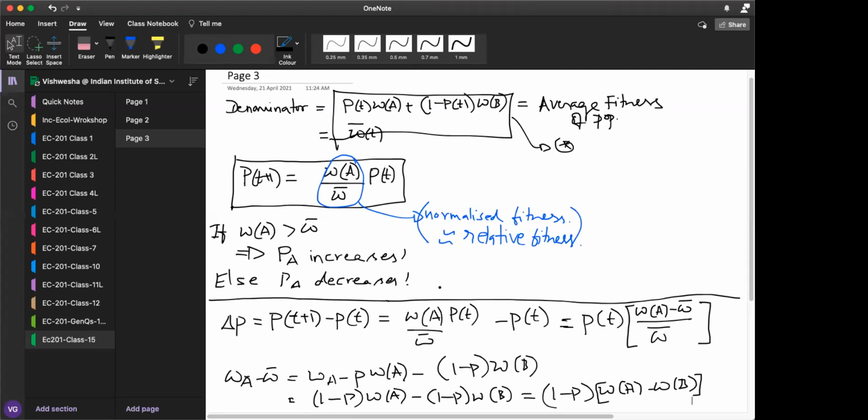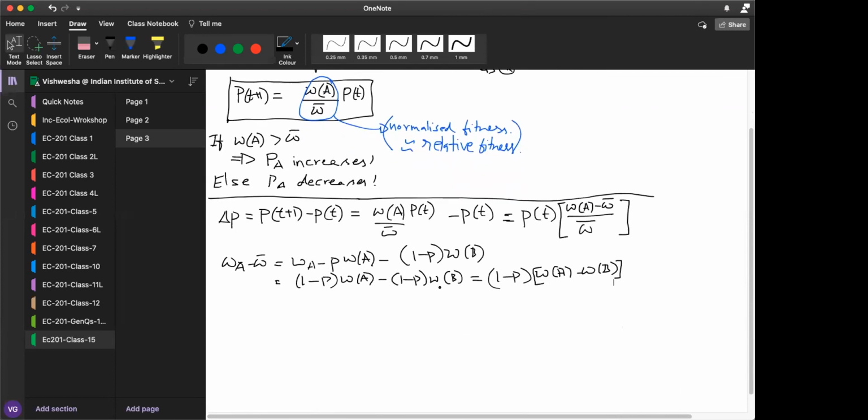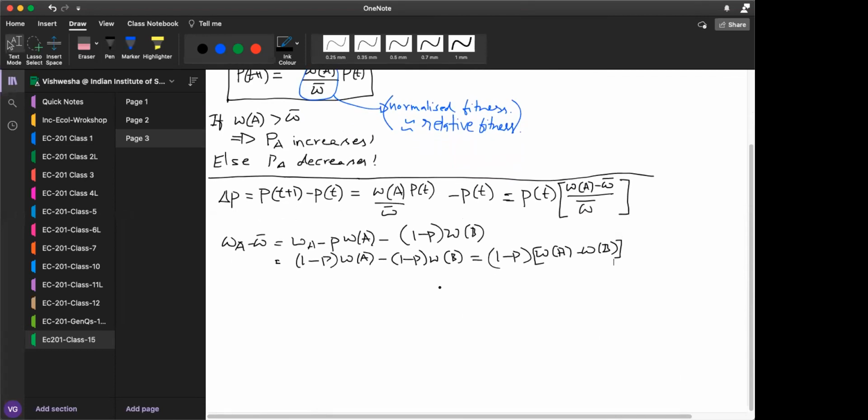A lot of simple algebra. So now let us substitute this omega A minus omega bar in the numerator here.